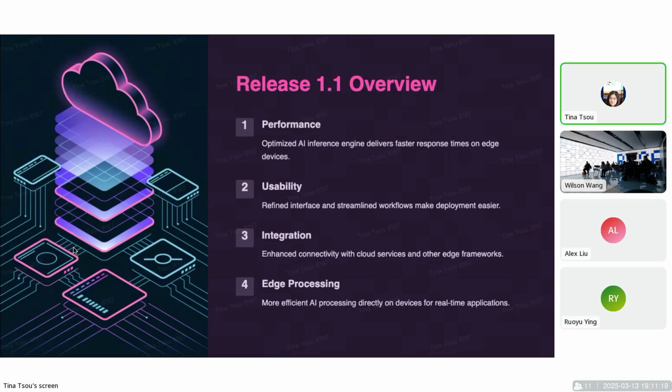In short, Release 1.1 empowers more efficient edge AI processing. You will notice snappier response times and smoother connectivity with both cloud and edge components. This overview sets the stage, and next we'll unpack these areas in detail.